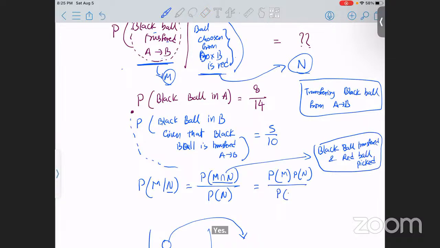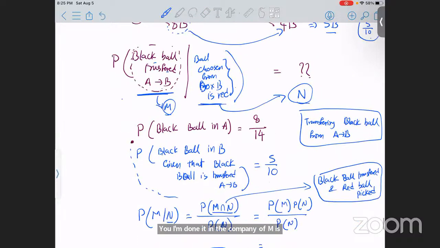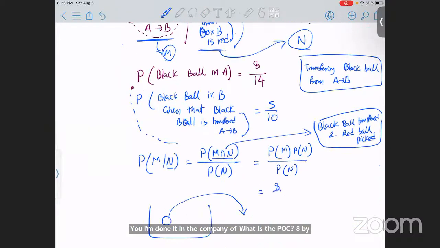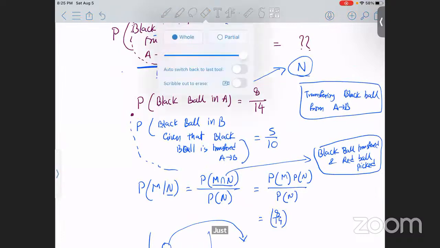P of M, what is P of M? 8 by 14. Just wait a moment.